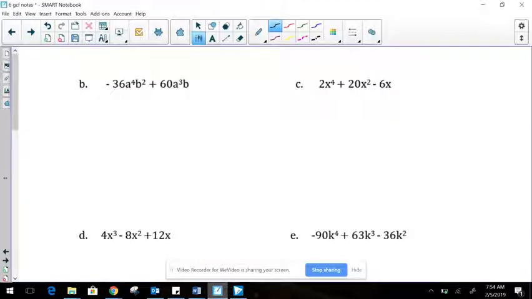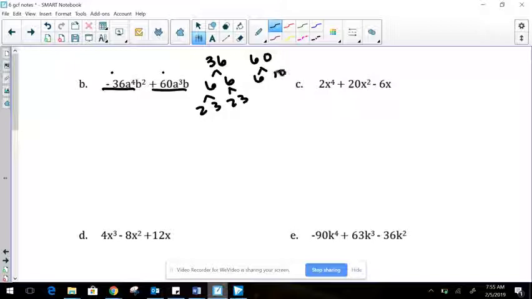Okay, so next one here, we're going to draw our division signs and find our GCF between these two numbers. So I'm going to start by doing my factor trees. So now let's circle anything they have in common. So I see they both have a 2 and a 3.